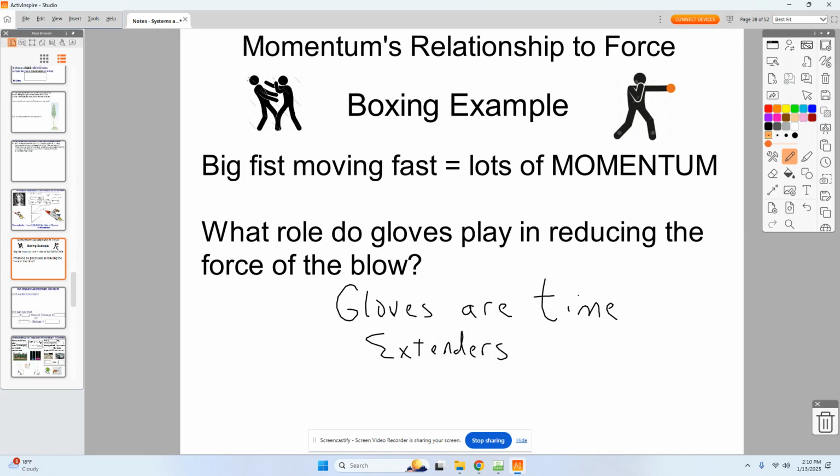Because force and time change momentum, that means they are force reducers. Bare knuckle boxing often involves people breaking their hands, just simply because the amount of force acting during that collision is really, really large. And so gloves are time extenders, force reducers. Okay, so if I can make the time interval bigger, I make that force smaller.